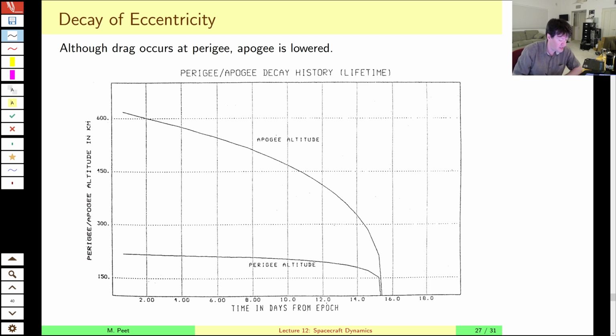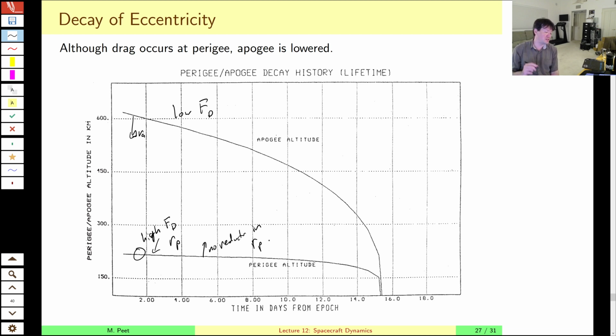So this just illustrates that effect. The drag forces are mostly acting here at periapsis, and the effect of that drag force at periapsis is to lower the radius of apoapsis, whereas there's low drag force at apoapsis, and so there's no reduction in periapsis.